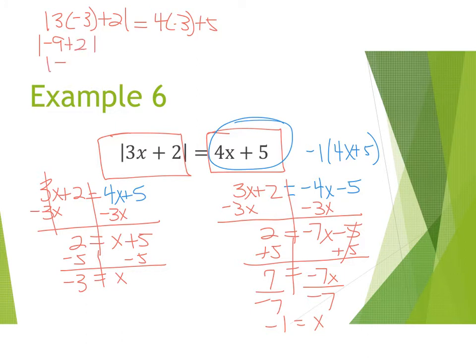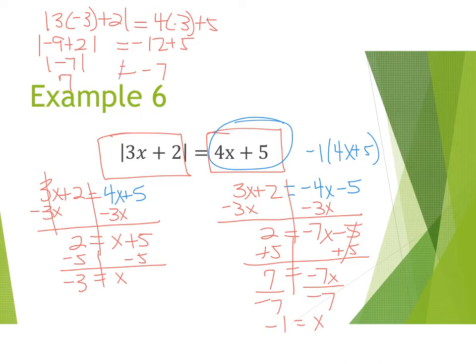Negative 9 plus 2 is negative 7. And the absolute value of negative 7 is positive 7. Now when I substitute it in on the other side, I get 2 times negative 3 is negative 12. Positive times negative is negative plus 5. And I get a negative 7.